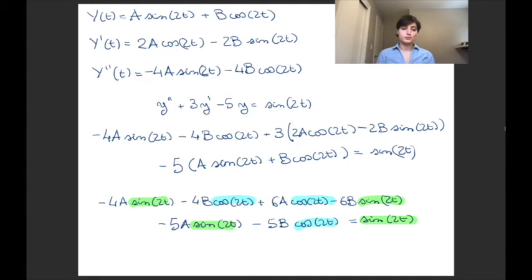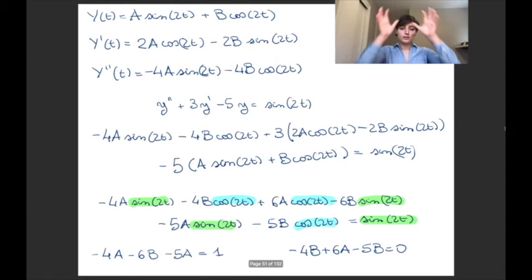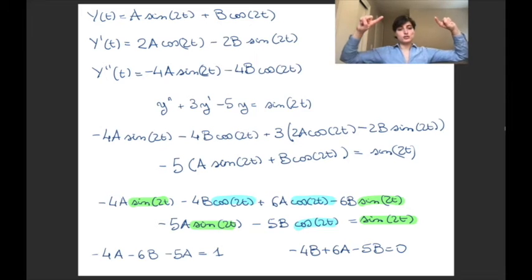You have to think of the fact that sines and cosines depend on t. So if they need to match, that means that all the sines need to match and all the cosines need to match. So we disentangle this one equation into two equations that have all the coefficients of the sine on one equation and all the coefficients of the cosine on the other equation.